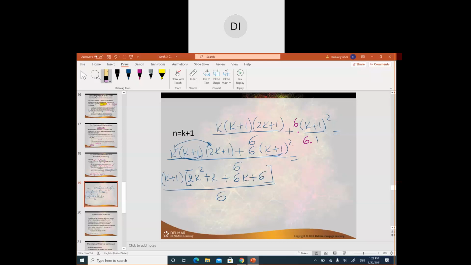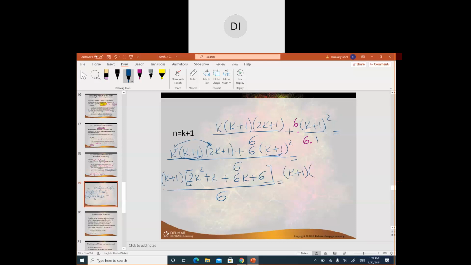And then here, let me write this better. I'm going to combine these like terms. And I need to factor this inside to see what I'm going to get, right? So I'm going to have k plus 1.